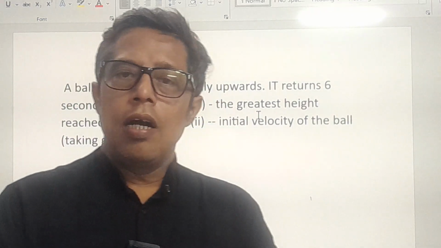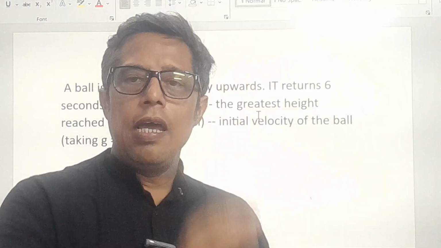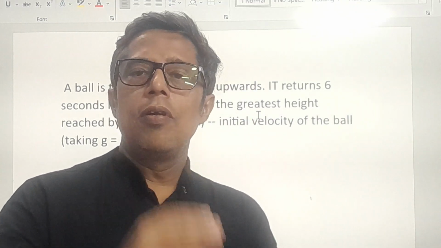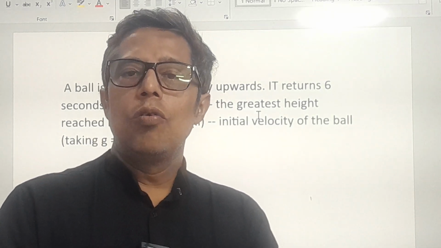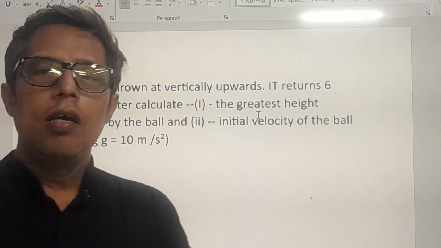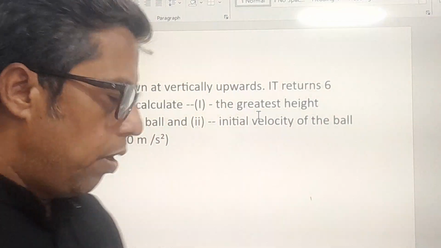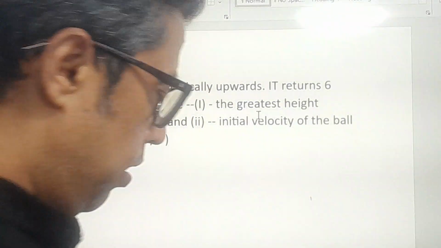This ball will be under retarding motion because it's going up against the force of gravity. So its final velocity gets reduced, and at a certain height it will be zero.